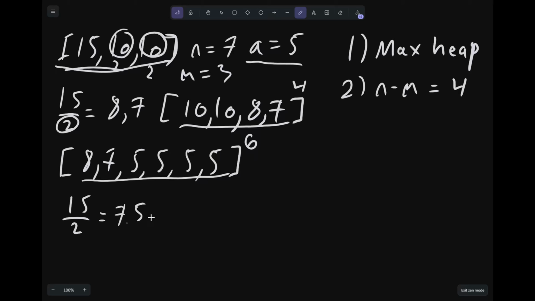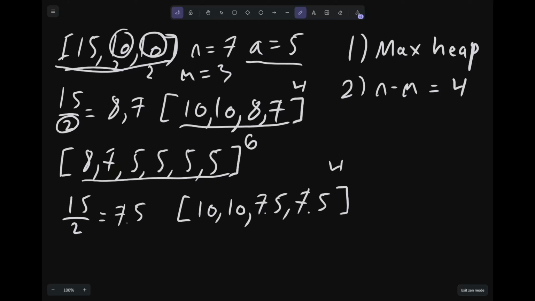And now that it's at 7.5, you've basically increased the amount of items in the heap. So now it would be 10, 10, 7.5, 7.5. It would be these two, and now we have 4 of them, right?